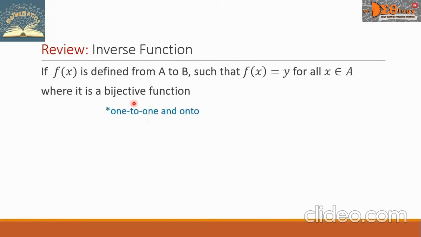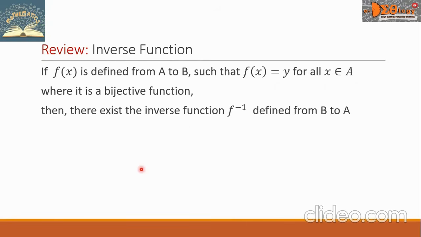Bijective means the function is one-to-one and onto. Then there exists the inverse function f raised to negative 1 power. This is the symbol for inverse, defined from b to a, such that f inverse of y is equal to x for all y an element of b.